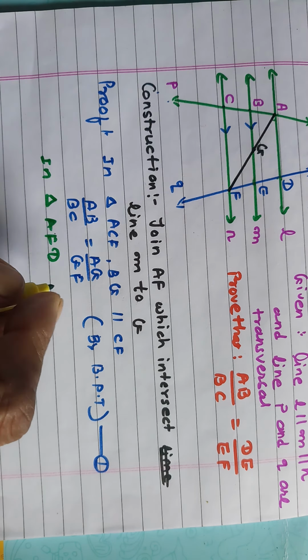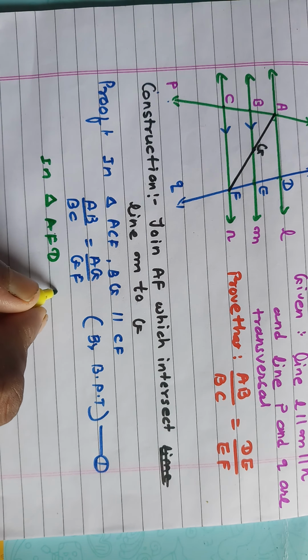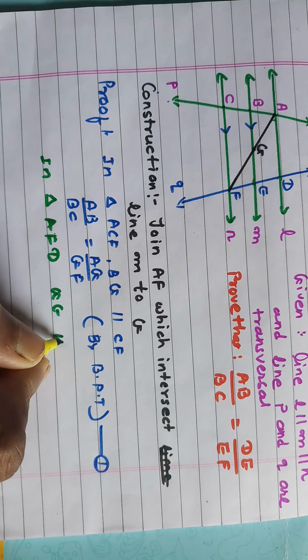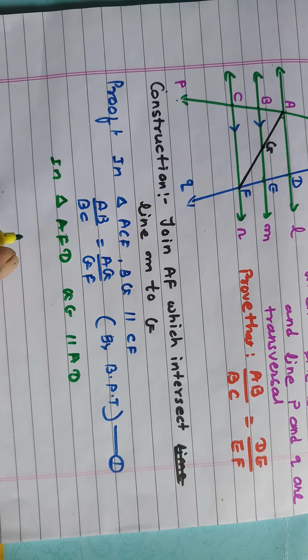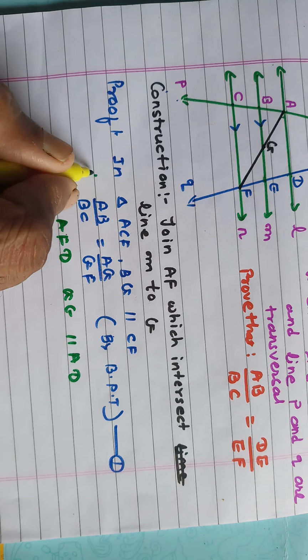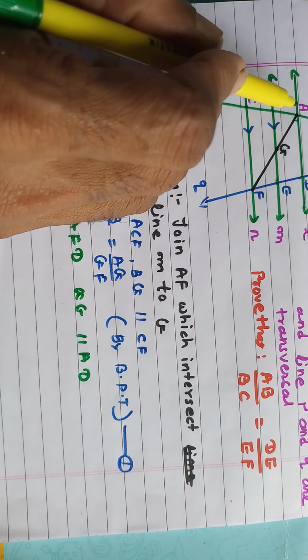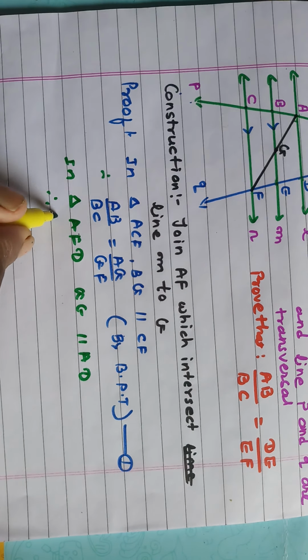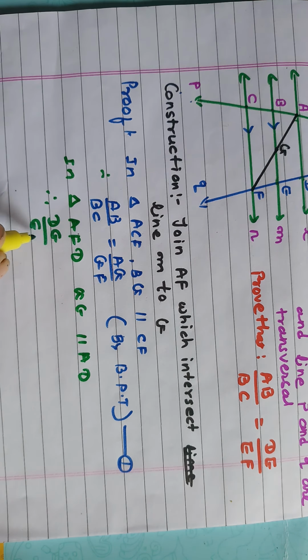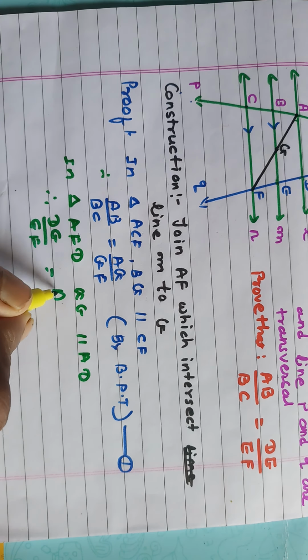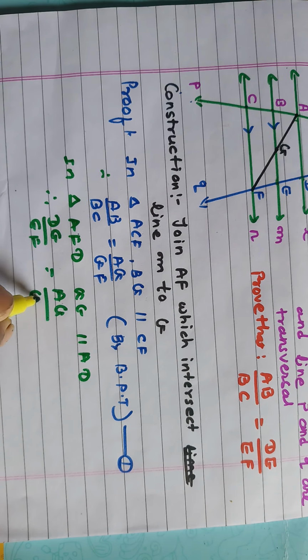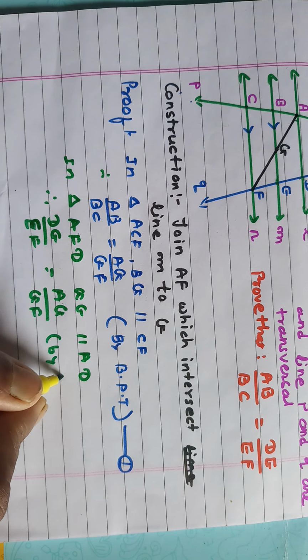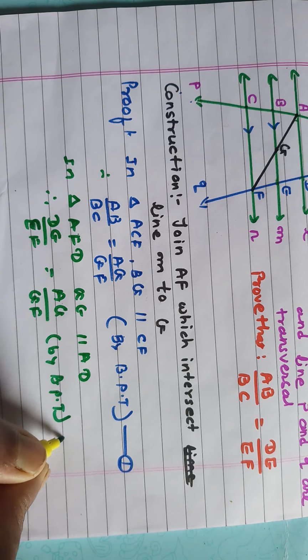Therefore, once again by BPT, AG upon GF is equal to DE upon EF. So we can write DE upon EF is equal to AG upon GF. Once again it is by BPT.